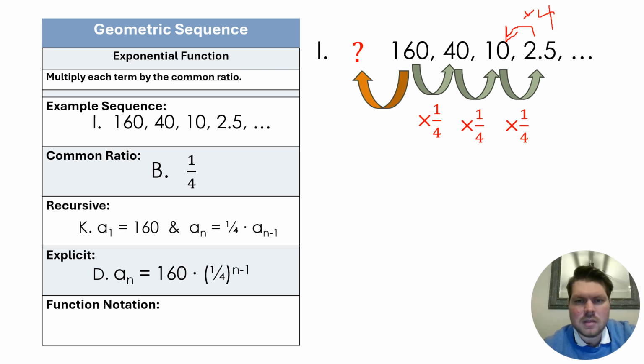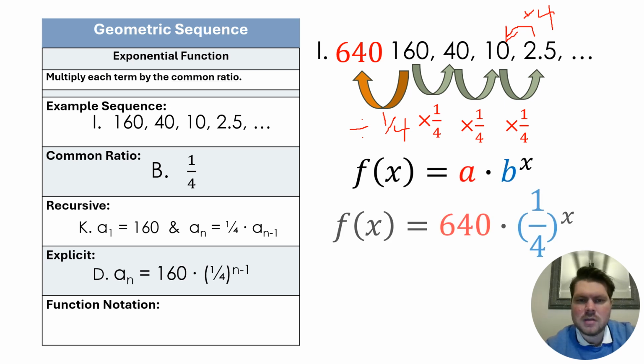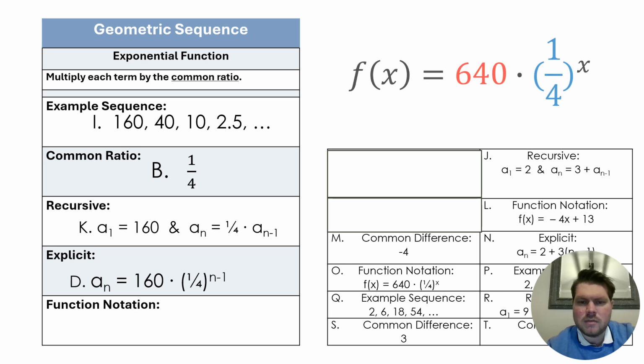And so this would be 640. Or you could divide by 1 over 4, and that would also give you 640. It's the same as multiplying by 4. So my A is 640, and my B is 1 over 4. So if you look for which one best fits, it best fits O.